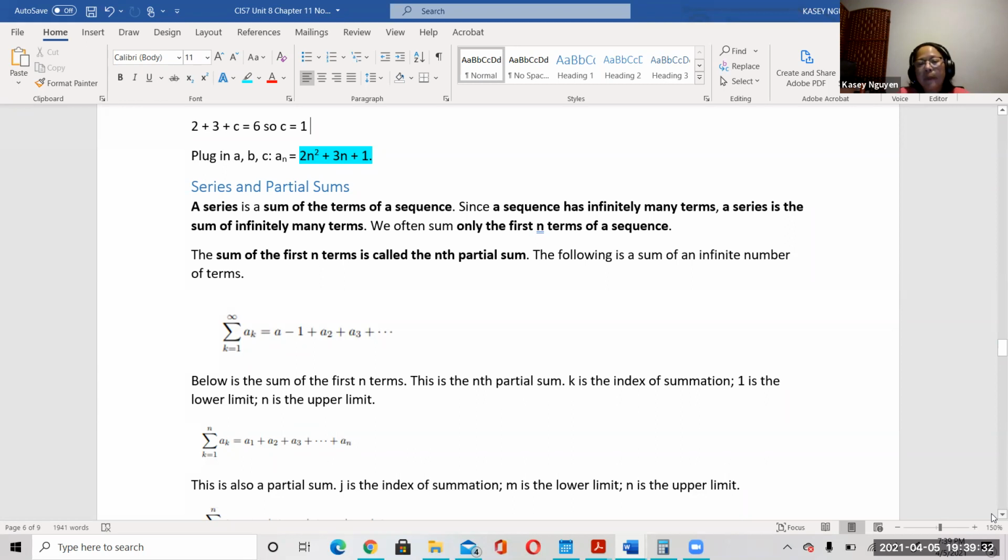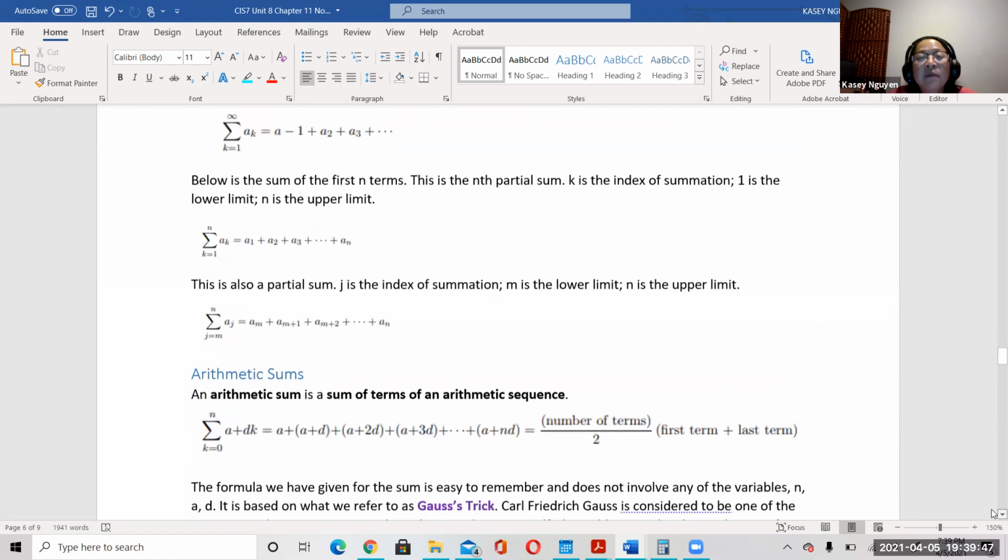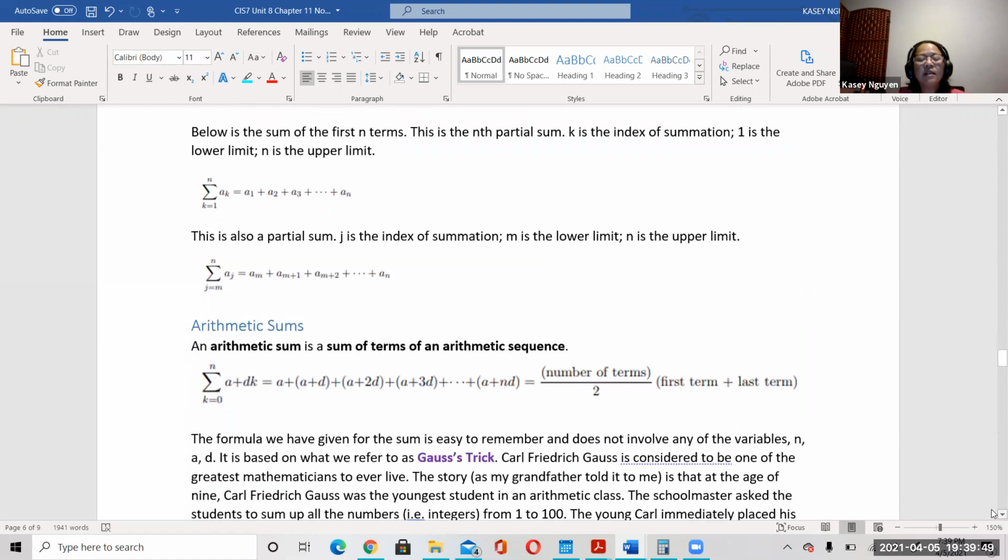Here what it shows is that when we add up all the terms in that sequence, we have the series. Now there has to be a better way to solve this, and here comes Gauss trick, the arithmetic sum.